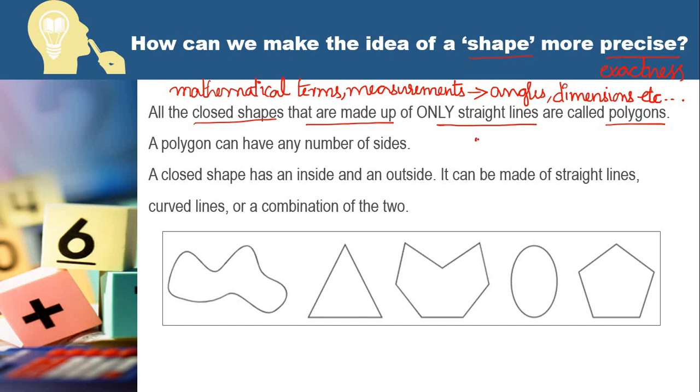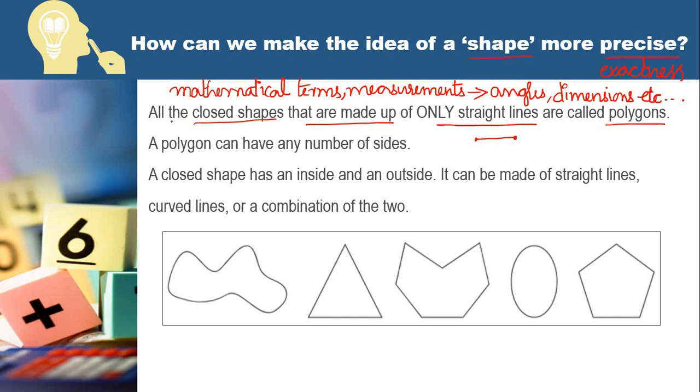It has two endpoints. A line that has two endpoints is called a straight line. The closed shapes that are made up of only straight lines are called polygons. What is the meaning of polygon?